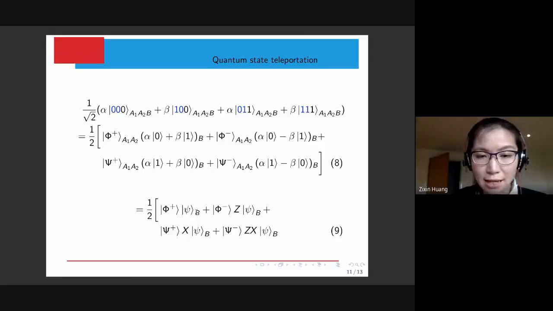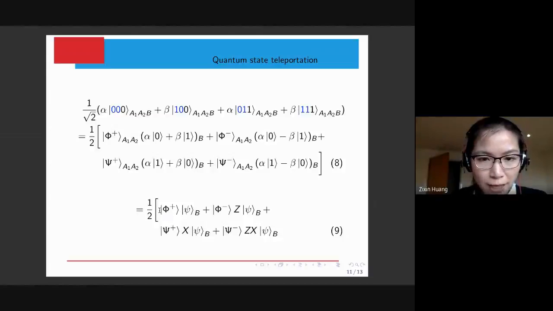So this is saying that Bob is in possession of this state. So if Alice is in possession of a phi plus, then Bob has the state that Alice wants to give to him.